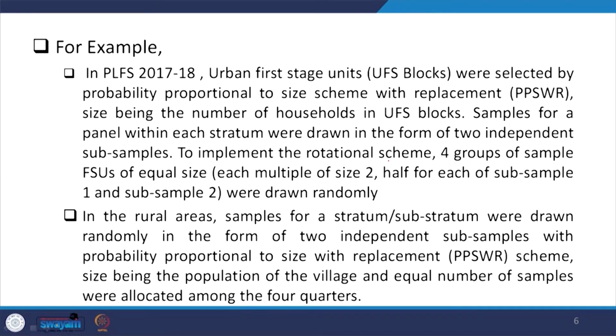Now, for example, as considered in the Periodic Labour Force Survey data of 2017-18, the urban first stage units, the UFS blocks, that we have already discussed earlier, were selected by the probability proportional to size scheme with replacement. Why with replacement is discussed? There are two approaches, one is called without replacement or with replacement.